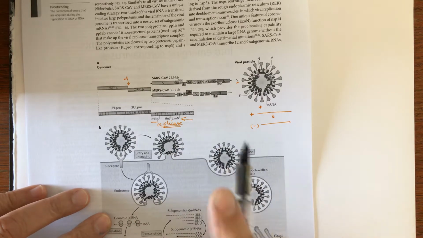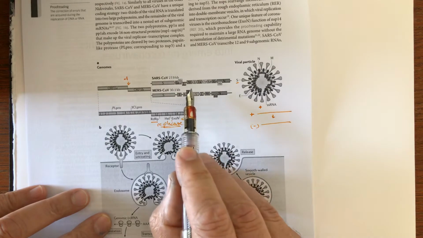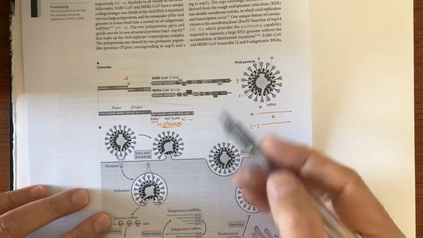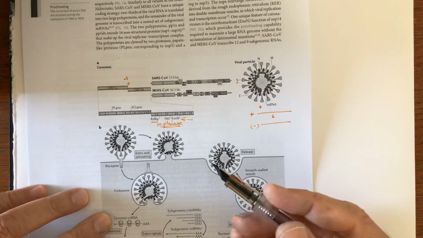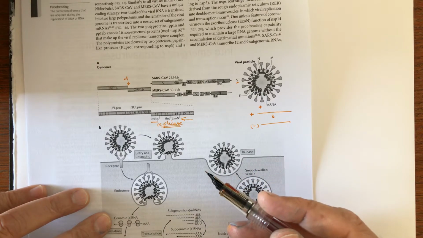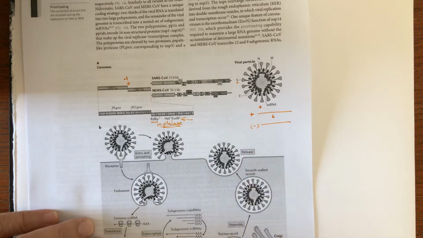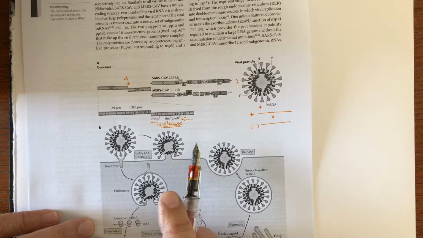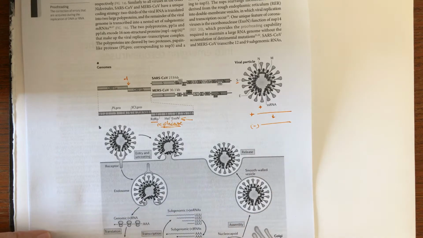And a lot of the functions of these non-structural proteins can be to interact with the cellular machinery to regulate the virus production, but also interact with the host immune system for evasion, and that's a large part of the pathogenesis of a virus, is how it manipulates the immune system.